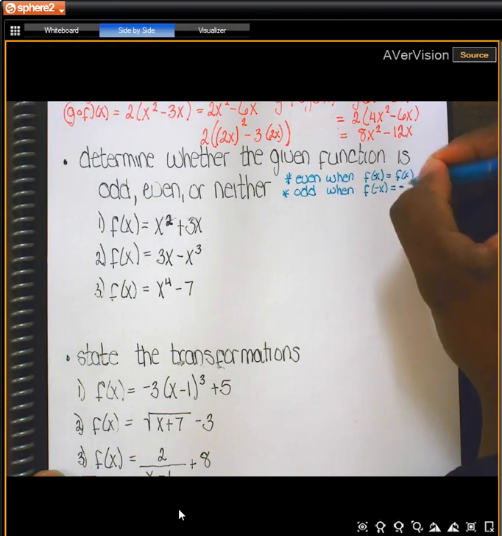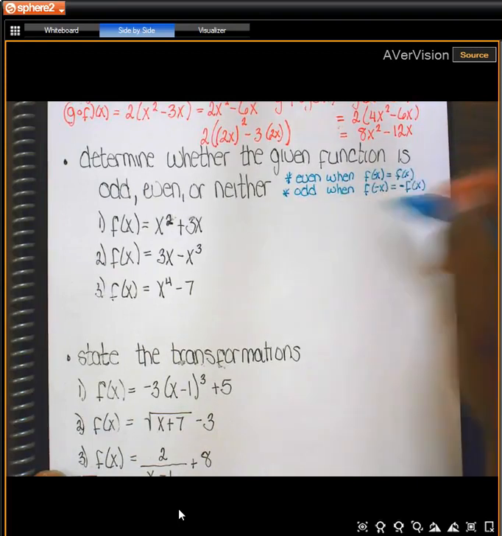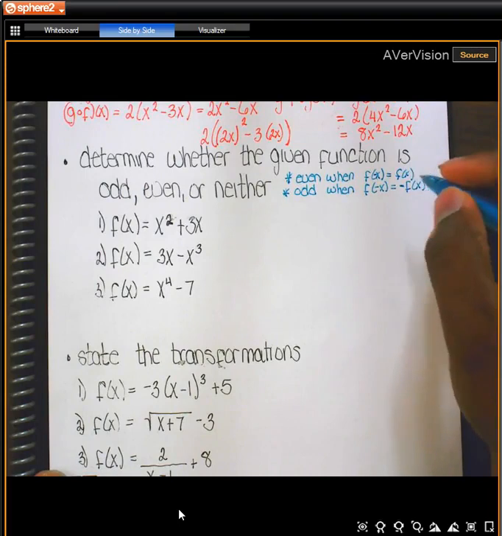Almost. Yeah. So it's even if f of negative x is equal to f of x, and it's odd if f of negative x is equal to negative f of x. And it's neither if neither one works.